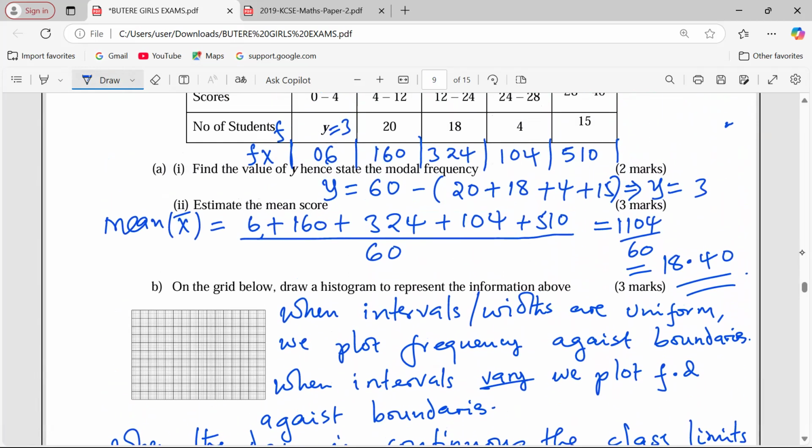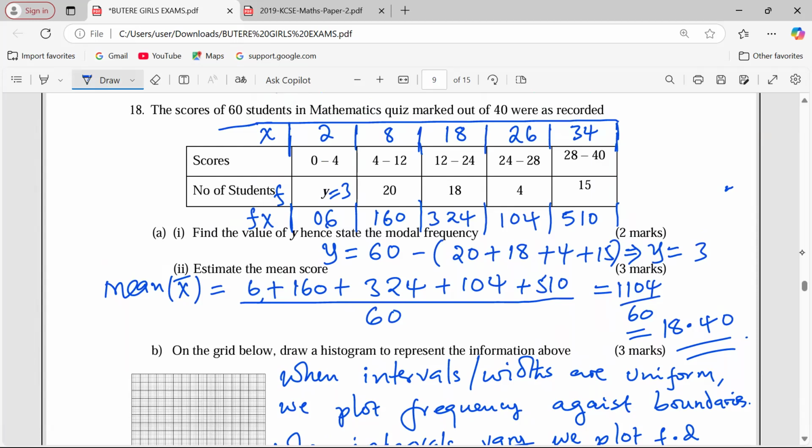So in the first class, we have limits of 0 and 4, and also the boundaries are 0 and 4. In the second class, the limits are 4 and 12, and the boundaries are also 4 and 12.